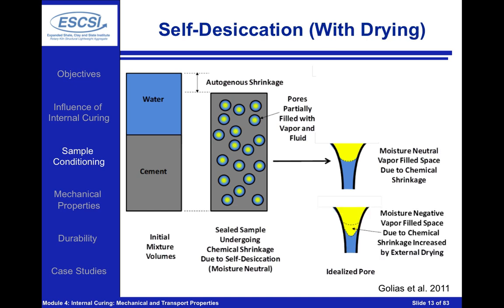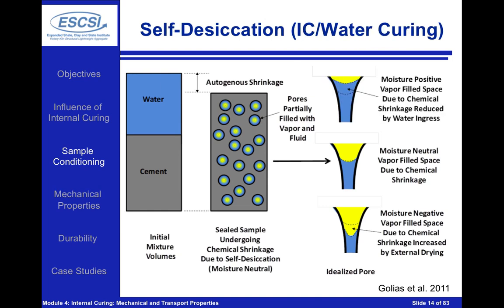Now, if that system were to dry out more, let's say by external drying, additional water will be lost, and that will lead to a higher pressure inside of the fluid and a sharper meniscus. However, if we were to provide additional water, we would reduce that meniscus. We would start to get the pores much more filled, and we would reduce the stresses inside of the fluid inside of the system.